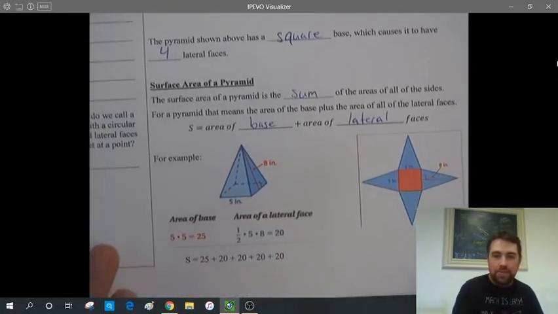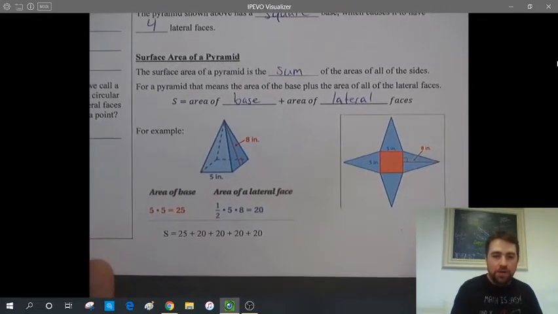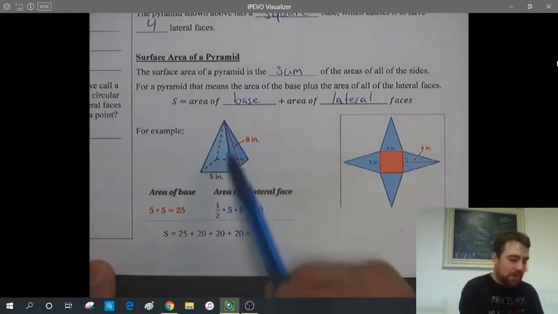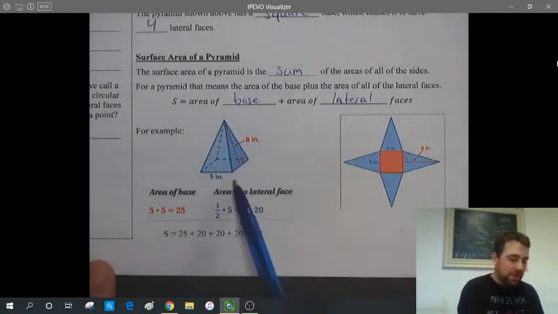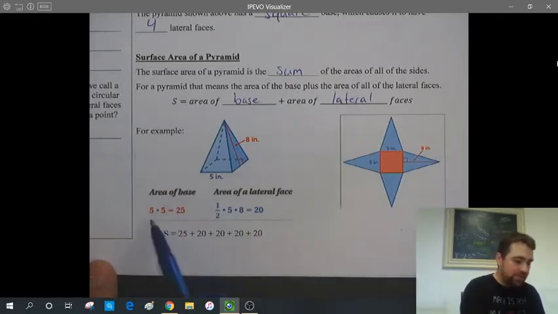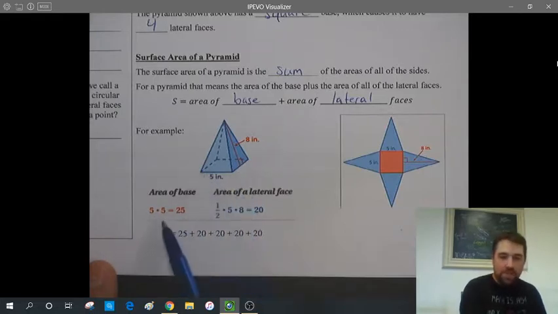Okay, so here's an example of that being done. So here we have another pyramid that has a square base to it, and so again here's the three-dimensional representation. Here's what it would look like in 2 dimensions. And so we have an area of our base, which is a square that's a 5 by 5, so 5 times 5 gives us 25 for the base of that square.